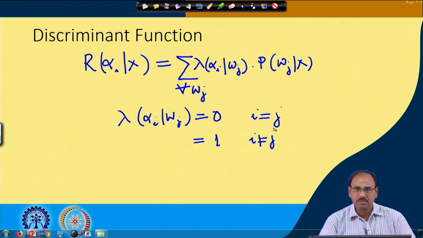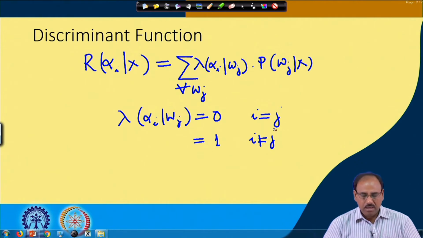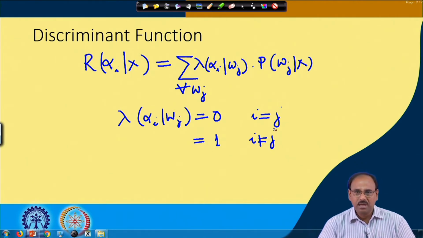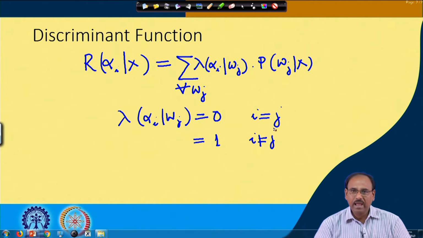I can say that in each of these cases, I am taking an action based on a certain maximum criterion. In Bayes minimum error classification, for whichever class the a posteriori probability is maximum, I classify x to that corresponding class.